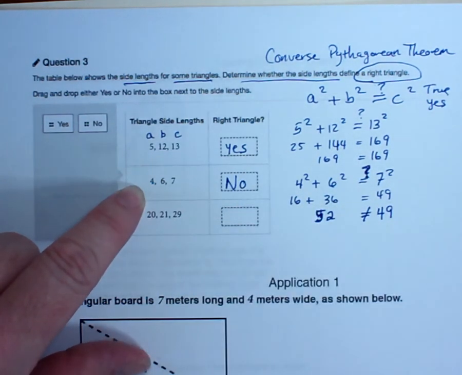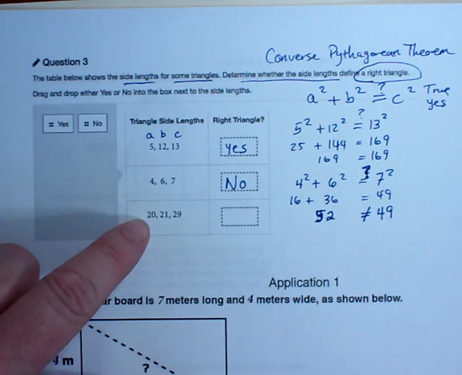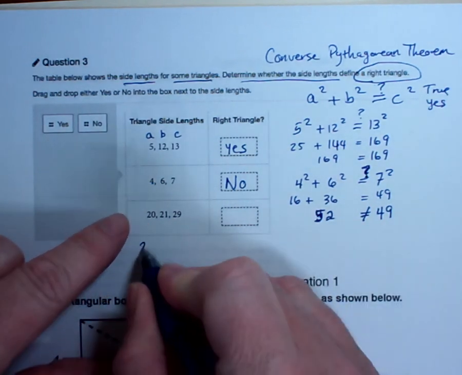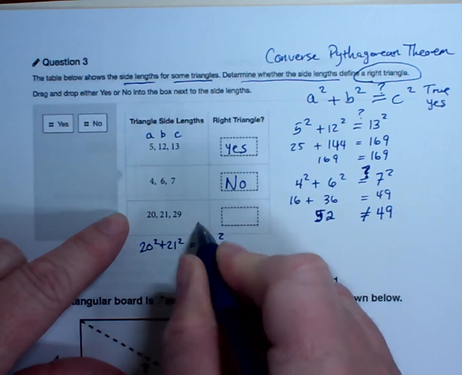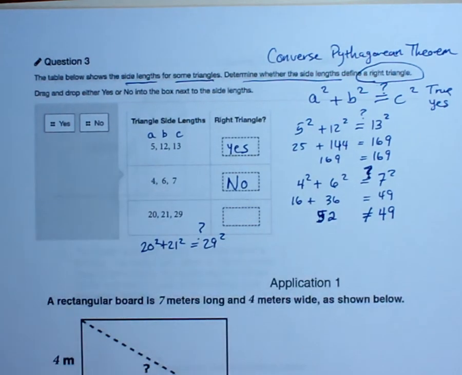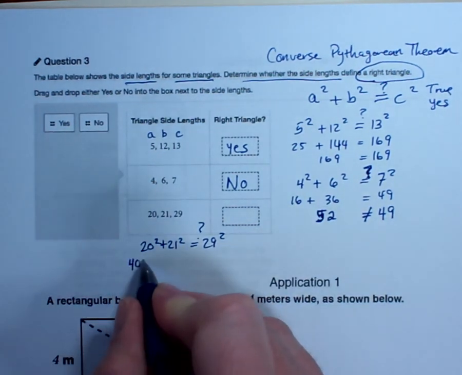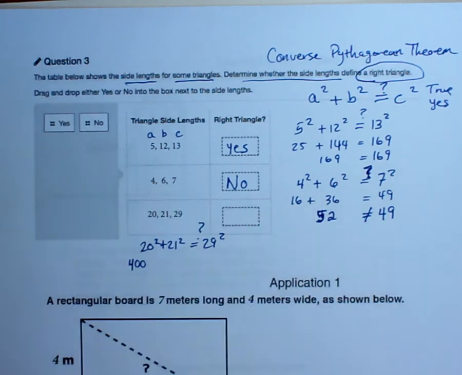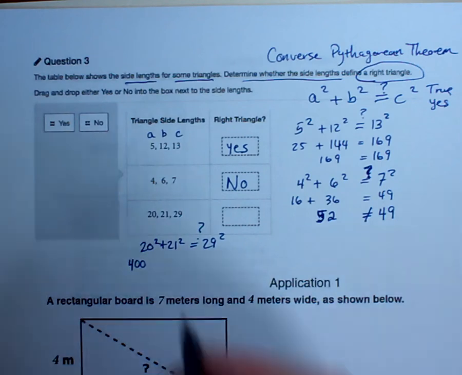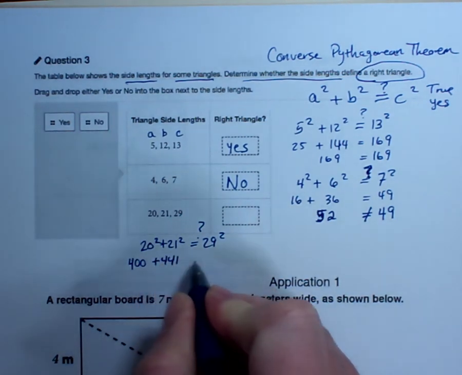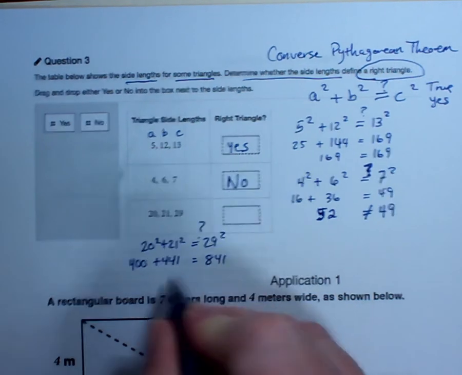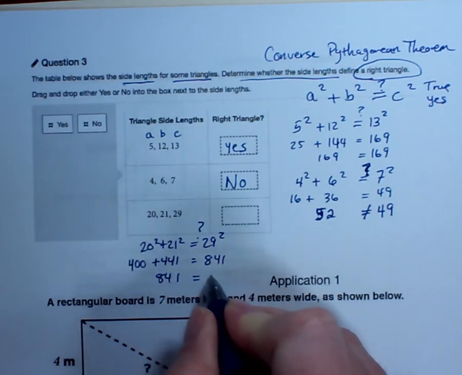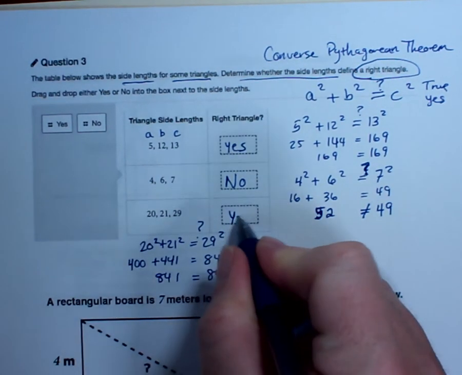So no. Let's try 20 squared plus 21 squared, does that equal 29 squared? Well, I know this is 400. 21 squared is 441. And 29 squared is 841. I get 841 equals 841. So yes.